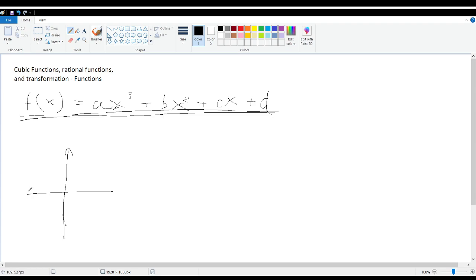Sorry for the crappy drawing. It's going to look something like this. This is called a cubic curve.